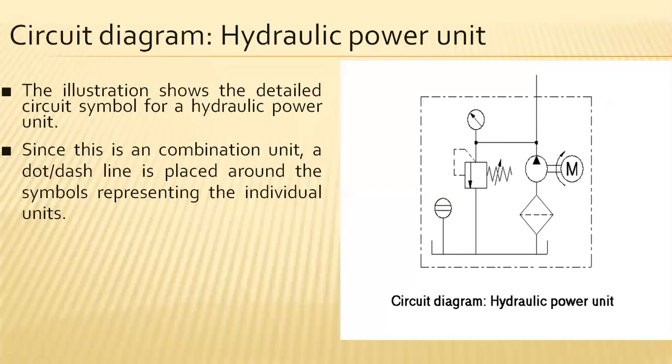So this comprises the components that we will be seeing presently. And this is the oil reservoir or tank, and this is the oil level measurement within the tank indicator. And next one is the filtering. By filtering, it will be entering into the motor pump, and when the motor has been switched on, it pumps the fluid towards the forward direction.